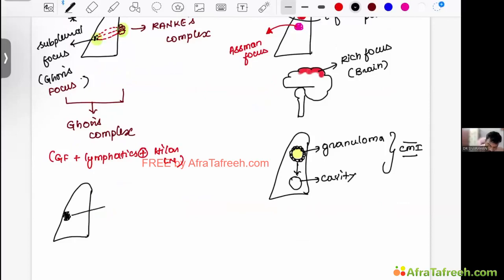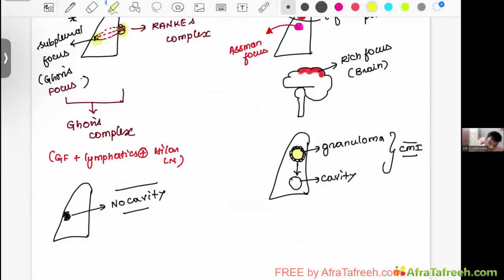Very, very important point: no cavity in primary tuberculosis.